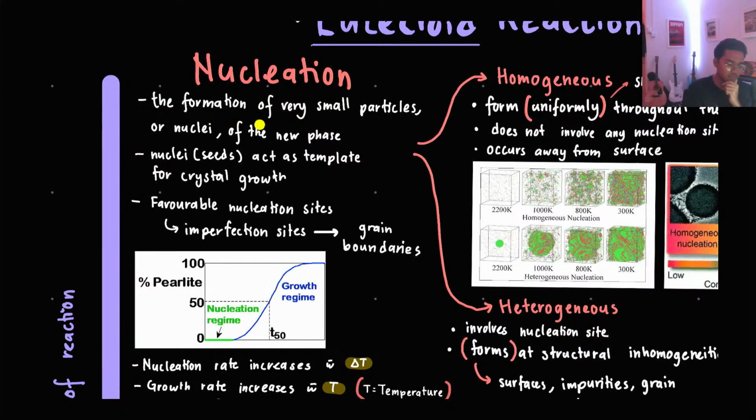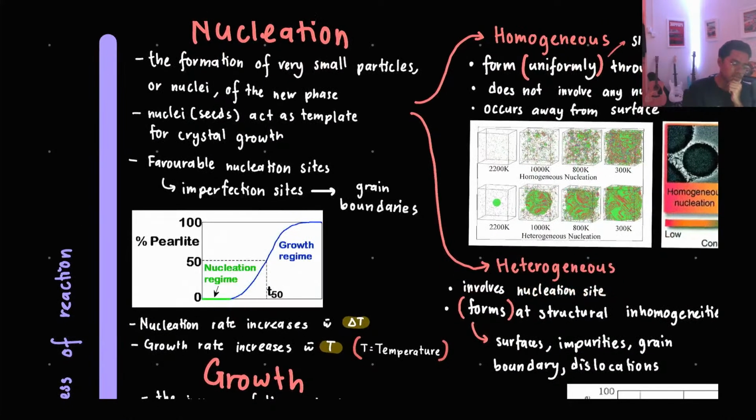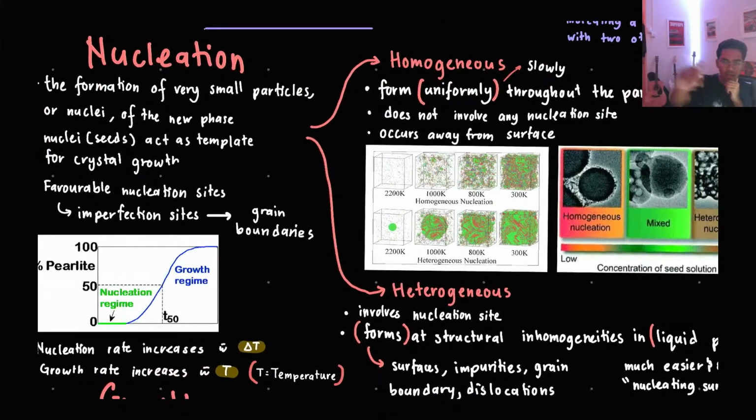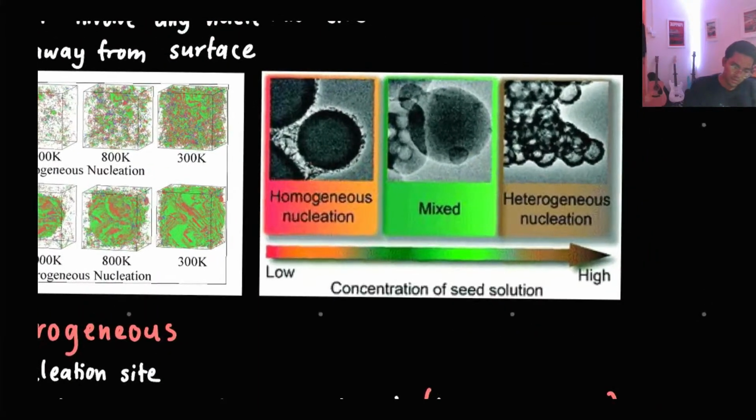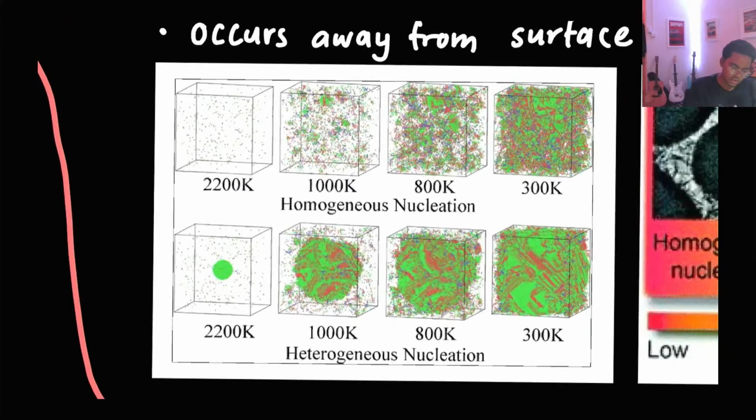Nucleation is the formation of very small particles or nuclei of the new phase. Nuclei seeds act as a template for crystal growth. Favorable nucleation sites are imperfection sites such as the grain boundaries. There are two types of nucleation. You might be asking, what is nucleation?